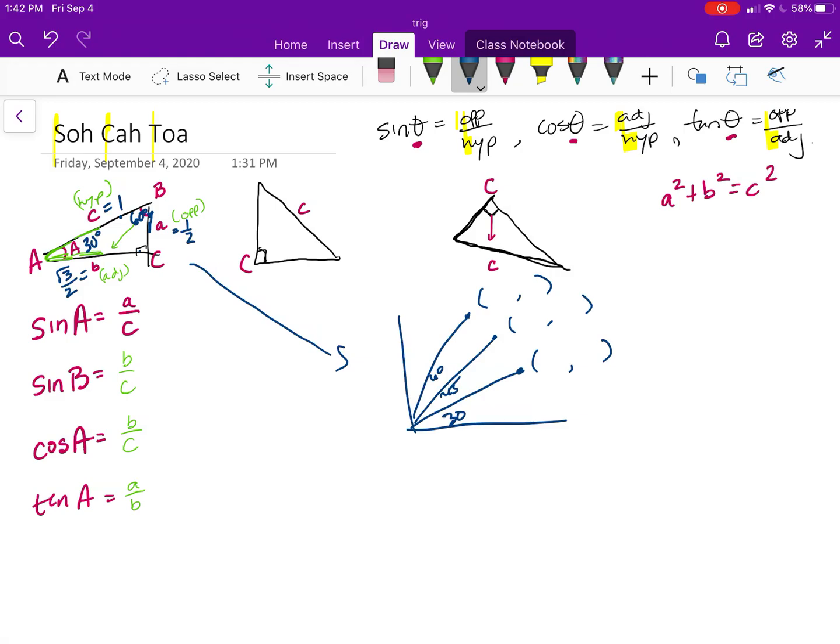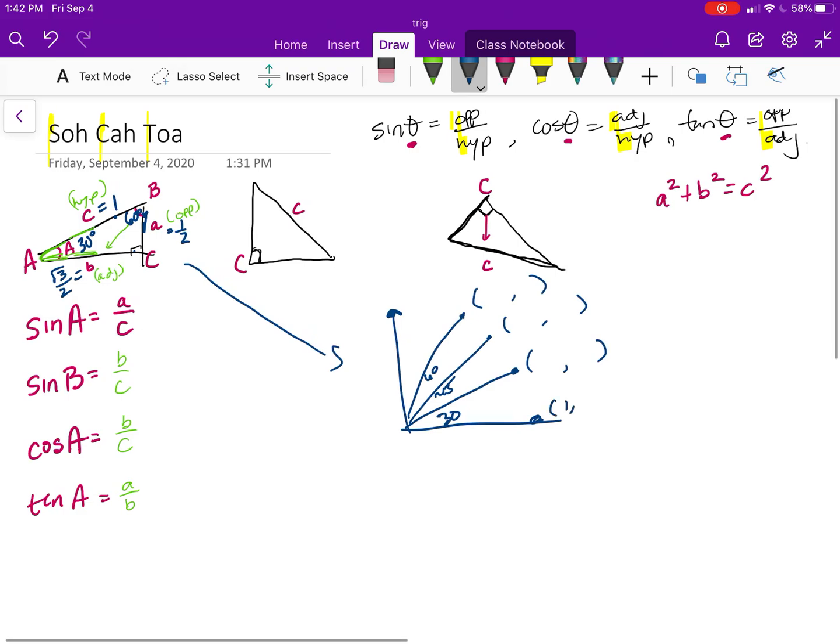Quick side tangent, these points at 0 and at 90 you should know, but this is 1, 0, and this is 0, 1. And then we had talked about they're all over 2, but you do square root of 1 over 2, square root of 2 over 2, square root of 3 over 2, and then square root of 4 over 2, which reduces to 1. And the y values would be opposite of that. Square root of 1 over 2, square root of 2 over 2, square root of 3 over 2.